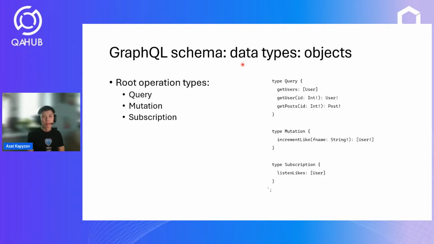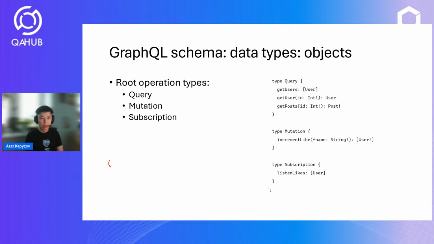Okay, so objects are pretty simple. And also, these operation types like query, mutation, subscriptions are also objects, right? But they are objects with reserved names, query, mutation, subscription, and they can contain these fields. Basically, when we create, for example, get users here in the type query, and we compare it to REST API, in REST API it would be something like this, right?